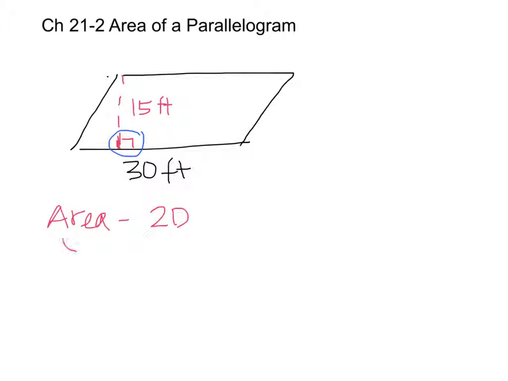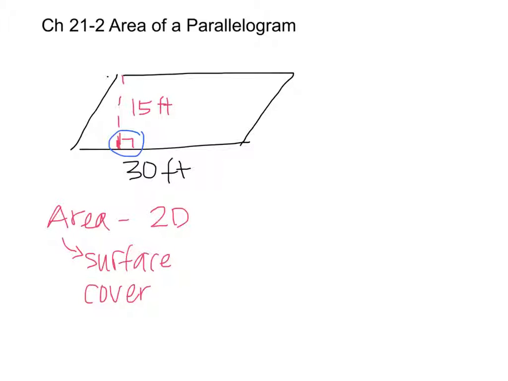So I always think of area as the surface of something, and you're trying to cover the entire surface. So if we wanted to paint this parallelogram and make sure all of it is covered in paint, that's what area is talking about.